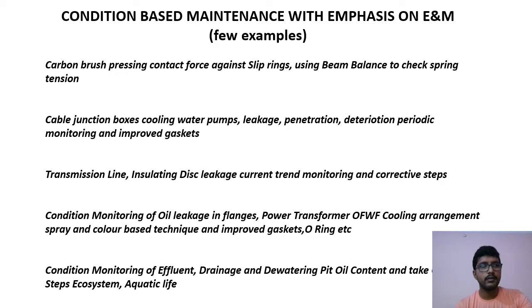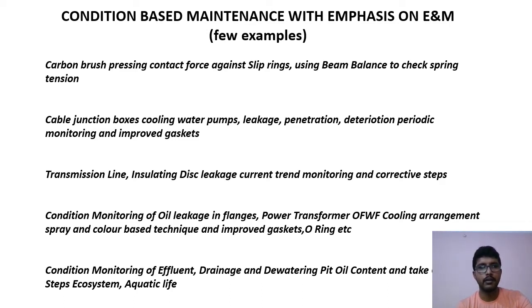Now, next is the cable junction boxes where there is ejection spraying of water. So what happens, like in cooling water pumps, water goes into the junction boxes and they lead to short circuit and deterioration of the insulation, right?